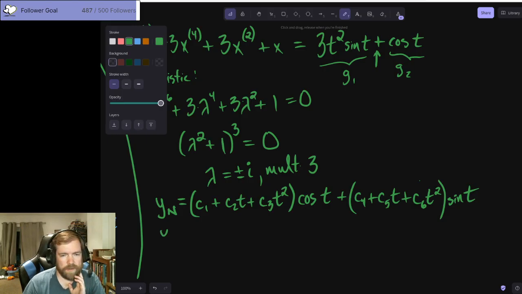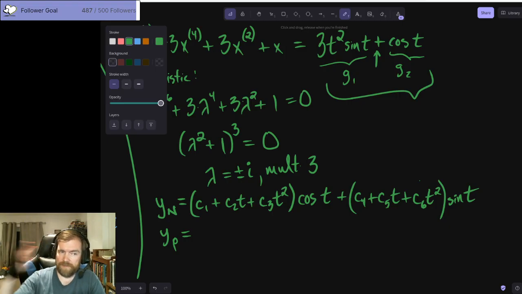Right, so then our particular solution, we're looking at all this stuff over here. It has to start with saying, okay, well, they can have sines and they can have cosines. And we have up through t squared on one of them.